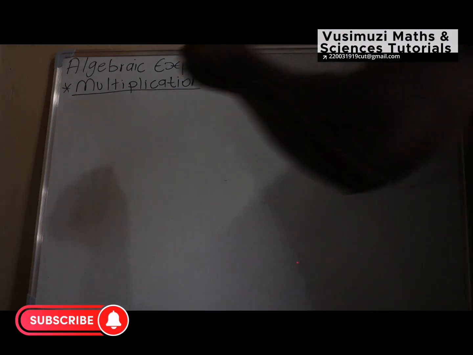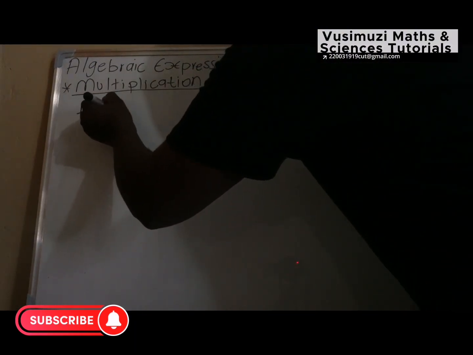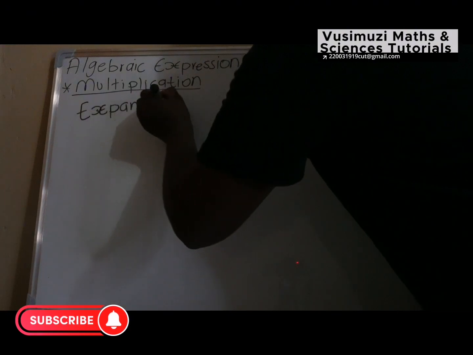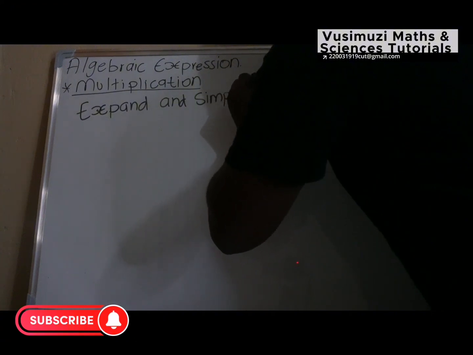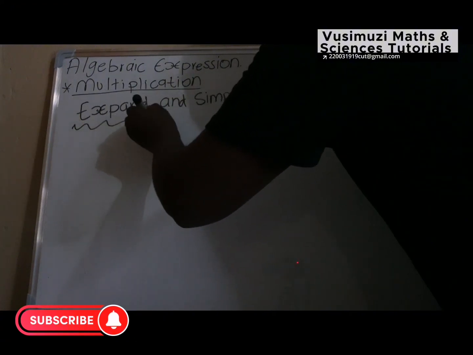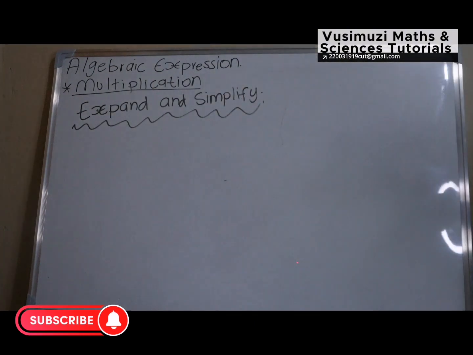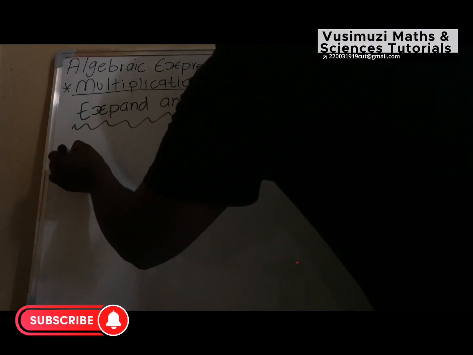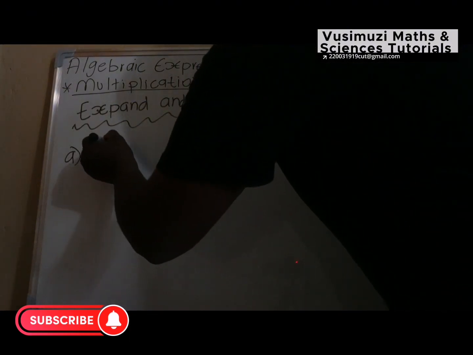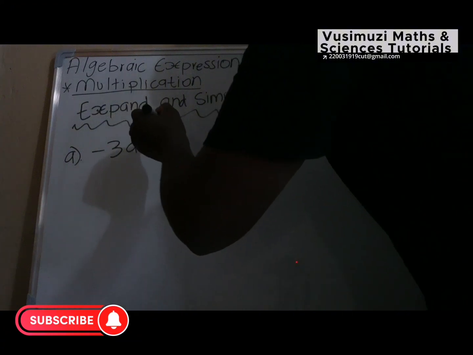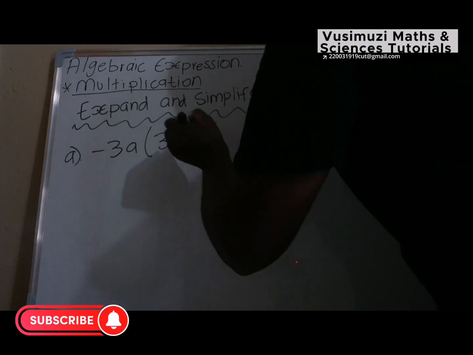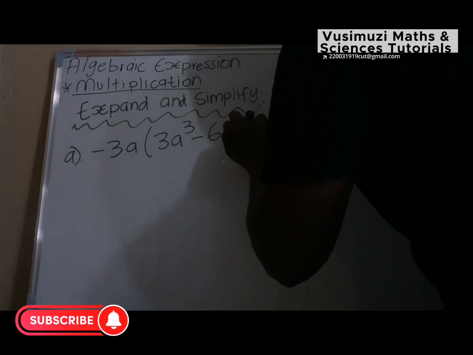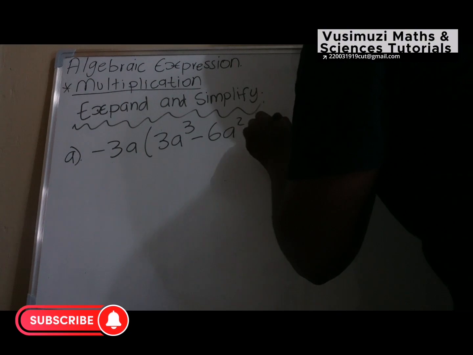Example number 1. Expand and simplify. Example number 1, A. We've got negative 3a bracket 3a cubed minus 6a squared plus a.